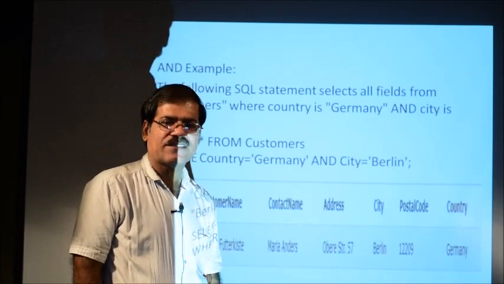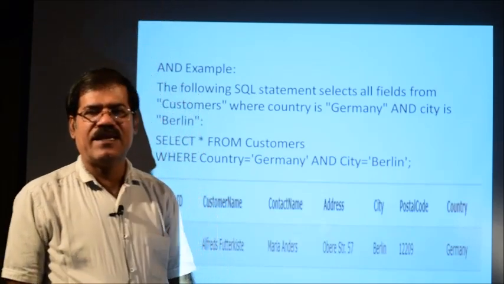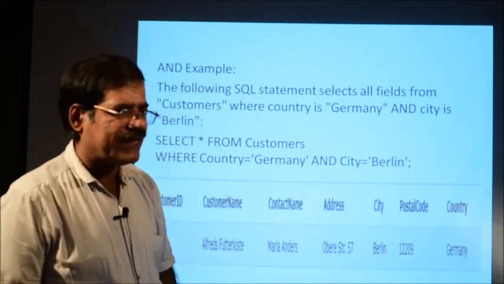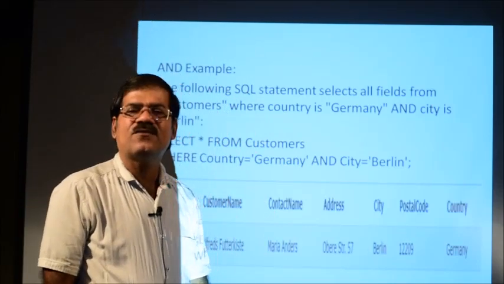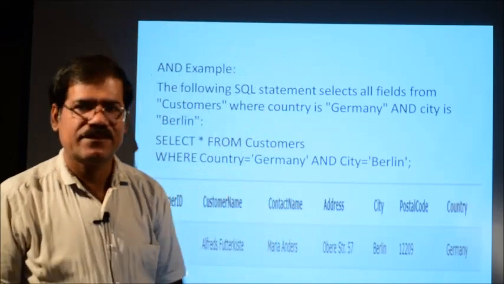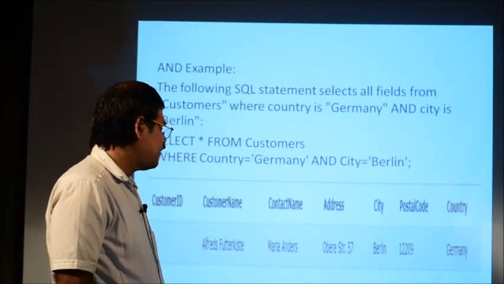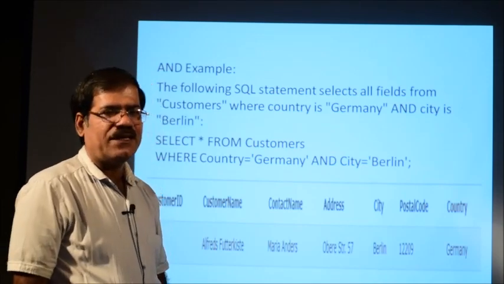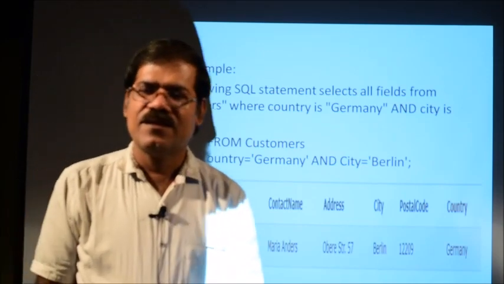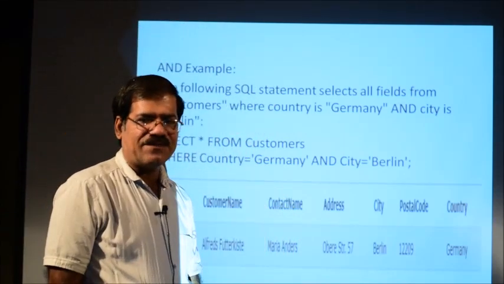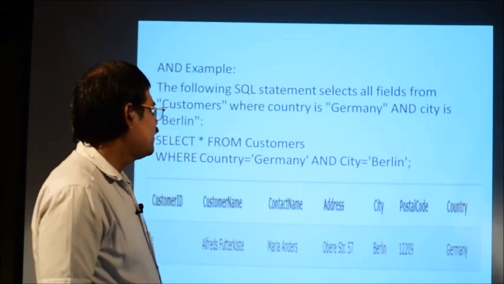There are two conditions. The first condition is the country name is Germany. The second condition is the city name is Berlin. So, both must be satisfied. If both are satisfied, then that record will be fetched from the table. If not, no record will be fetched.